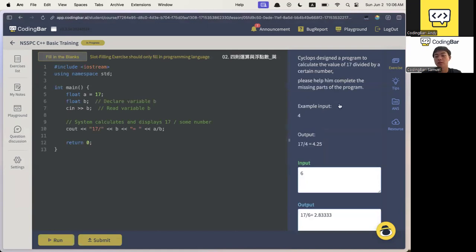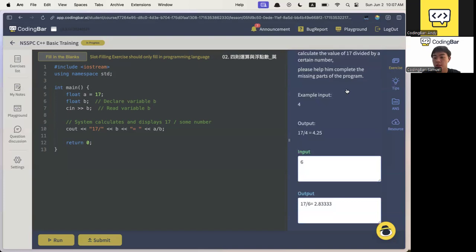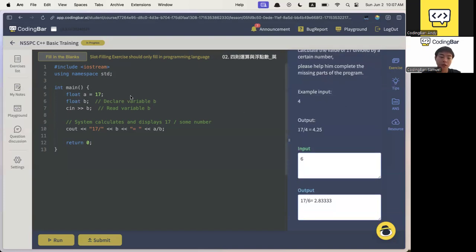Okay, how about this? Actually we demonstrated this just now. Cyclops designed a program to calculate the value of 17 divided by a certain number. Please help him complete the missing parts of the program. So this is a fill in the blanks question.